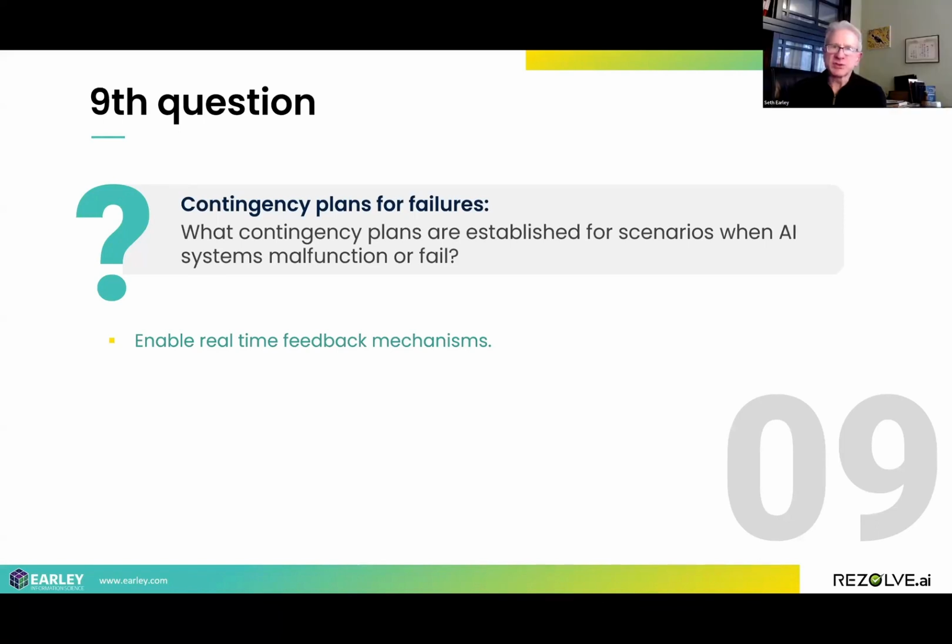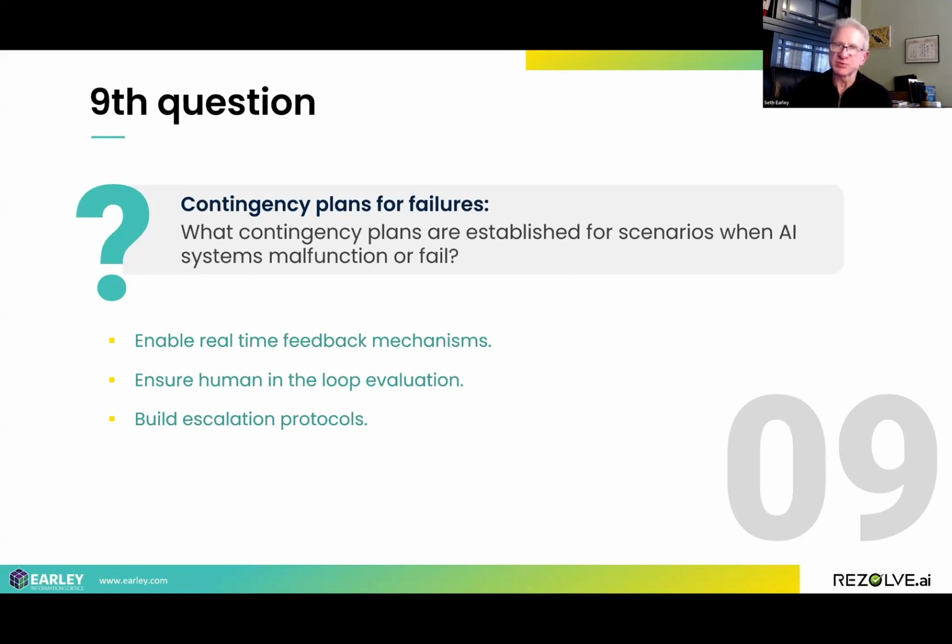Oh yeah. You are trying to monitor and enable real-time feedback, and also make sure that you have a human in the loop who can evaluate how this is performing. So you get real-time feedback, whether it's a thumbs up, a thumbs down, or a flag for concern, and that can get escalated to a human.